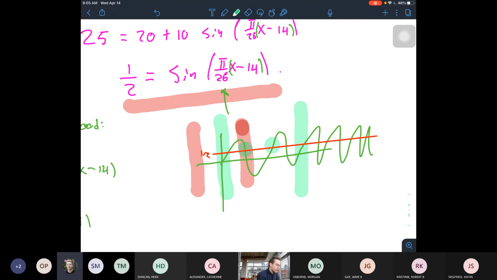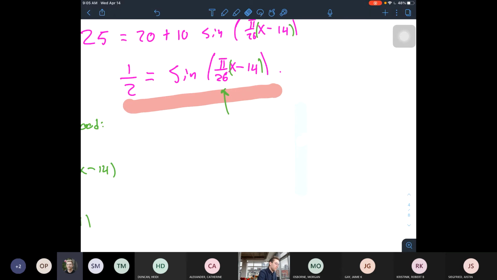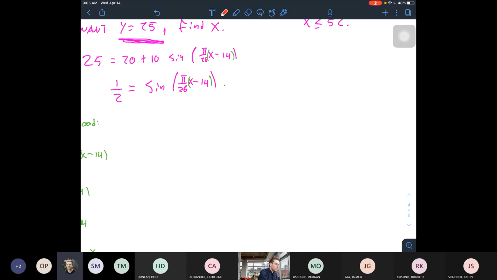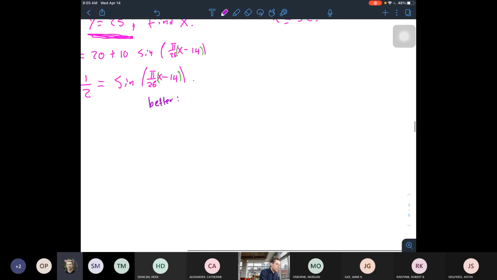The sine inverse function exists because we limit our frame of reference, and if we limit our frame of reference, then we're not able to answer this question in the most complete way. So the most complete way to answer this question would be to think about the unit circle.